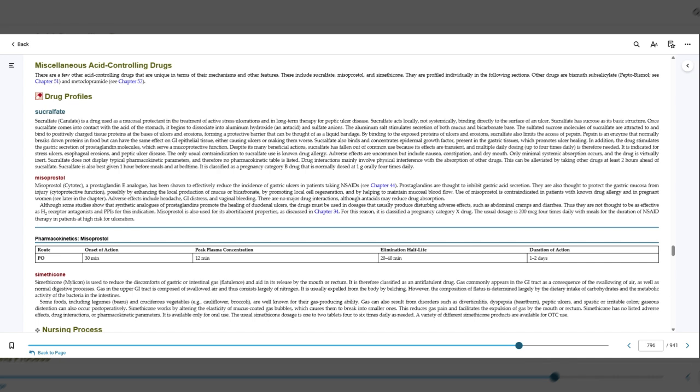And then for our PPIs, we want to assess for swallowing and for drug allergies, specifically with diazepam, phenytoin, warfarin, and even the antibiotic ampicillin. With other GI-related medications such as simethicone, we want to assess for abdominal distension and rigidity and their ability to pass gas or flatus.